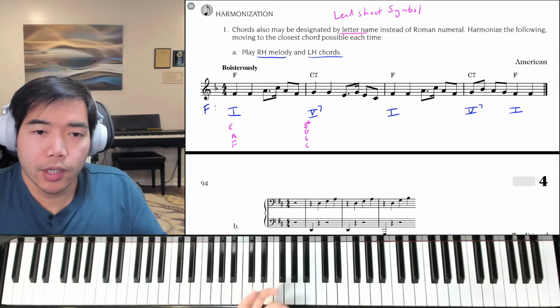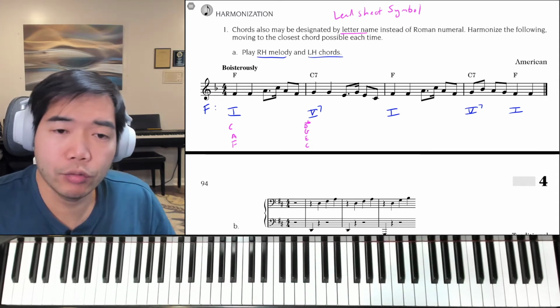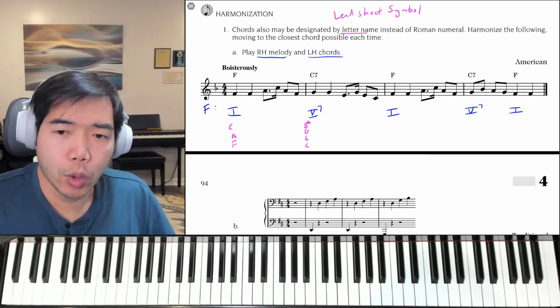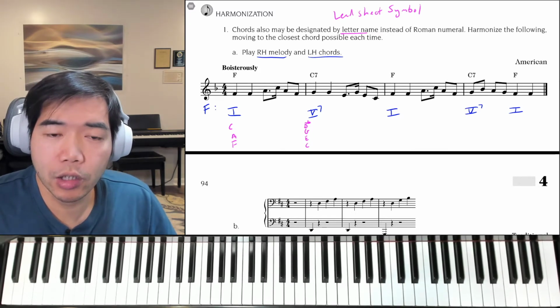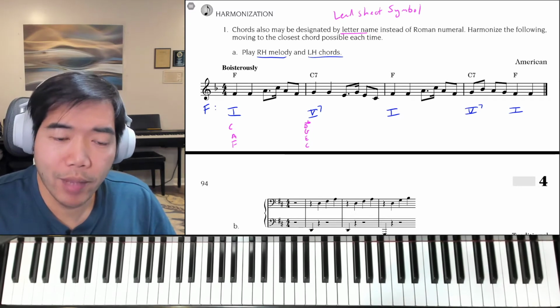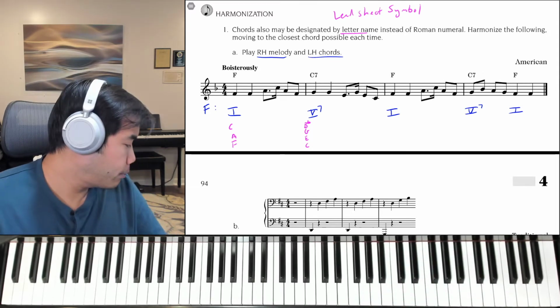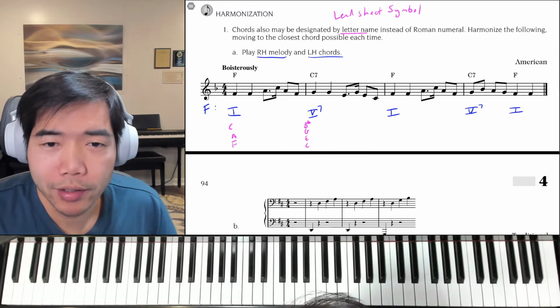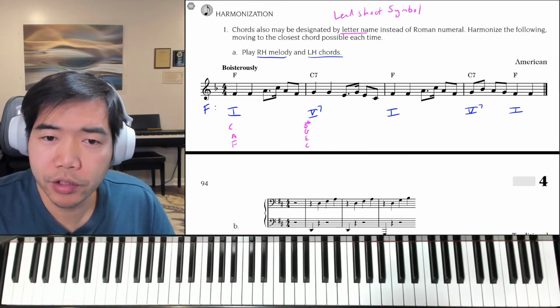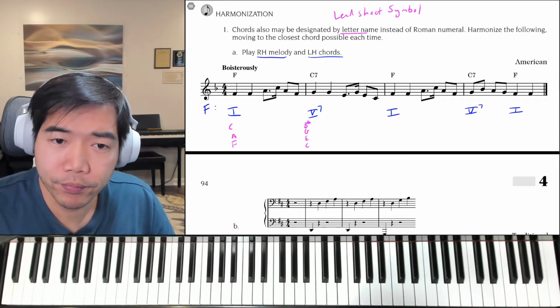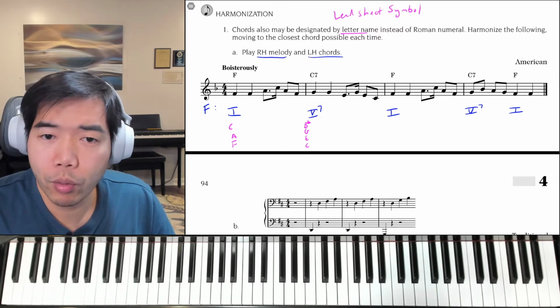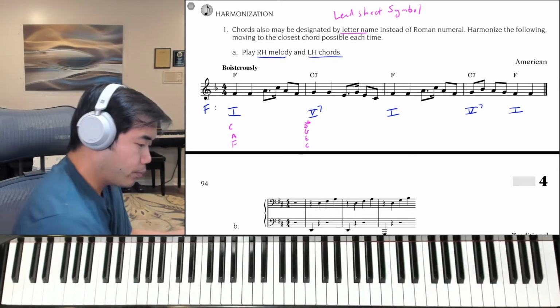So remember, in page 91, 92, 93, we were working on going from chord to chord, staying in the closest position possible. That meant incorporating inversions. Okay? And you might also recall that you really only need 2 notes to create the 5-7. That is, the root of the chord and the 7th of the chord.